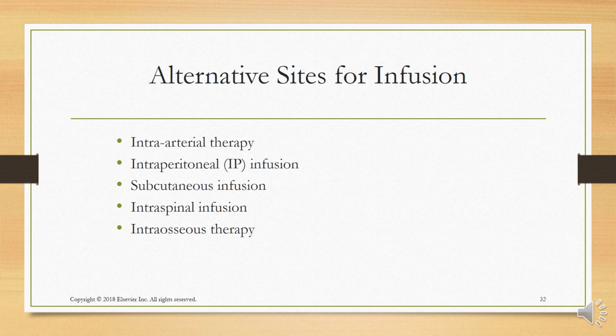So what are some alternate sites? What are some different sites for infusions? You can give intra-arterial therapy, but this is very rarely used. You've got to remember that the arteries run away from the heart. So let's consider the artery in our arm. If you put a catheter in that artery to infuse, let's say, normal saline, where is that normal saline going?